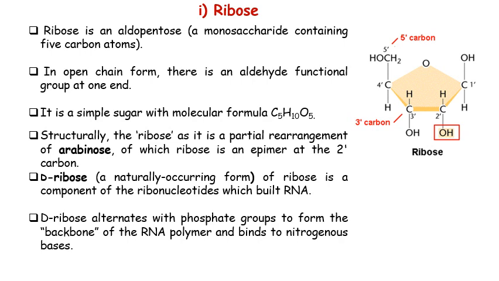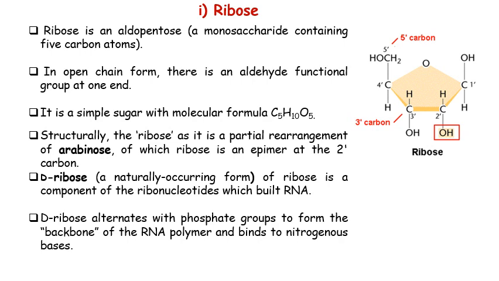Further, the naturally occurring form of ribose is D-ribose. It is a component of the ribonucleotides which build RNA. The building blocks of RNA are ribonucleotides, and those ribonucleotides contain D-ribose, not L-ribose. That is dextrorotatory ribose.